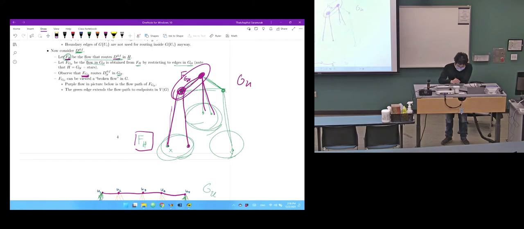What is good about this flow, at least this flow, the flow in GU, this edge in GU used to be an edge in the real graph, right? It's like an intercluster edge in the decomposition.